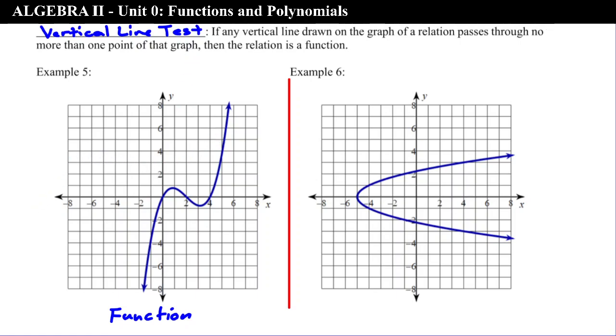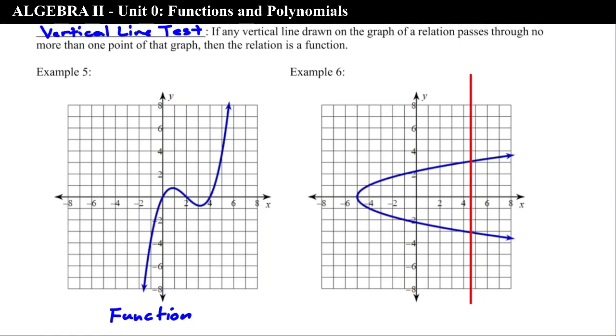Okay, let's look at the second example. We have our vertical line here. We're going to do the same test. So we start from the left-hand side of the function, and as soon as we get this line moving right, we're already crossing the function more than once throughout pretty much the entire graph except for right where we start.